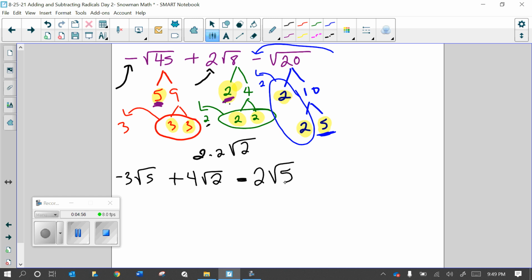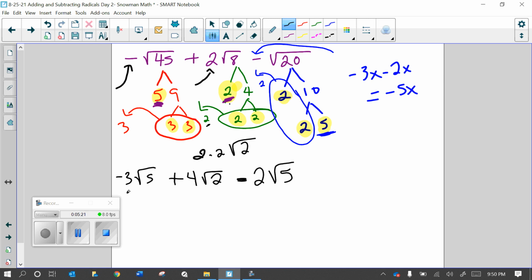Now you can combine like terms. And guys, if you had something like negative 3x minus 2x, well, that's going to give you negative 5x. Same concept with radicals. Think of them kind of like x's. You can combine what's on the front when you're adding and subtracting.